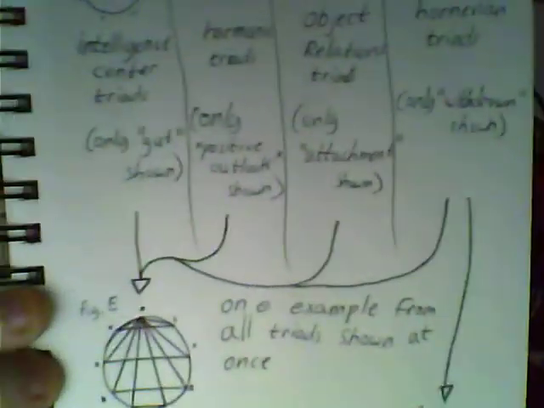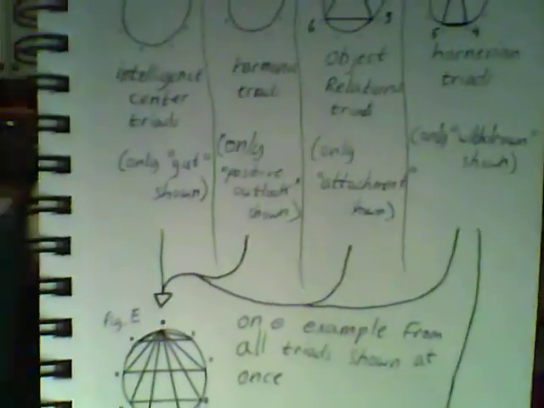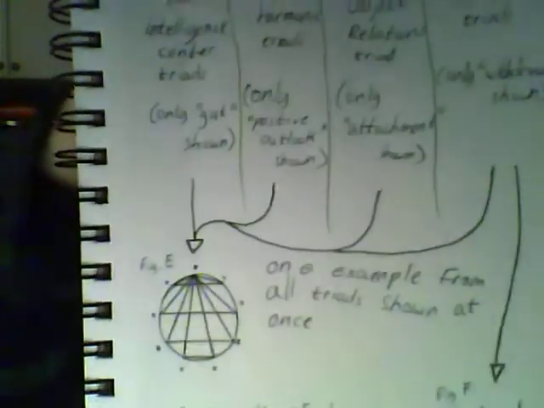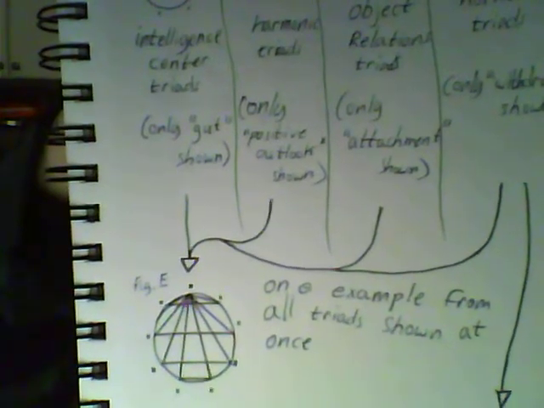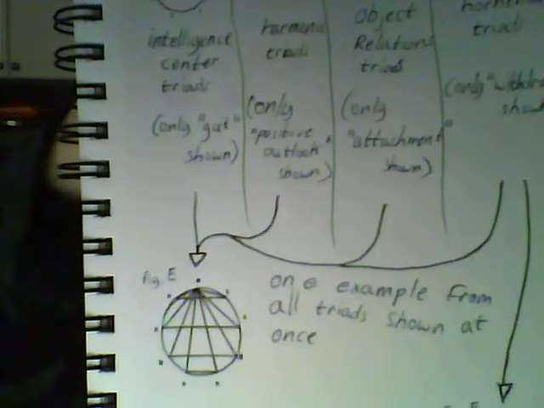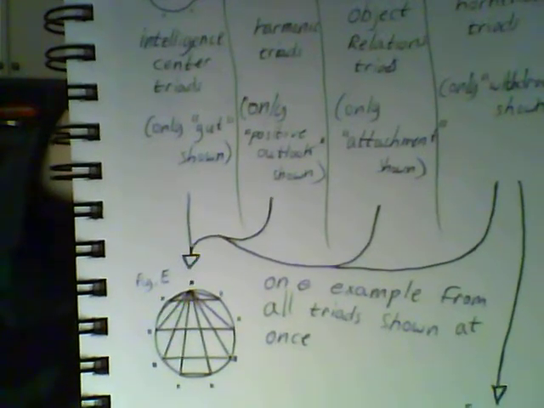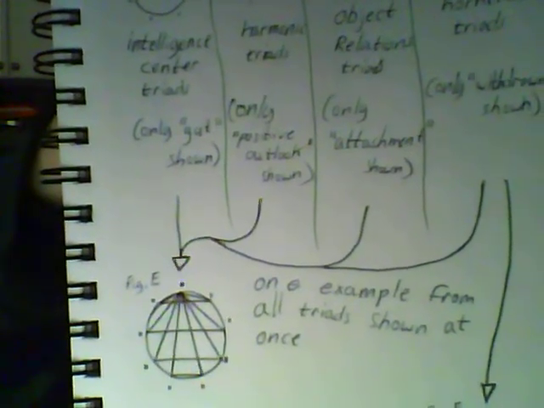And what you'll see when you overlay them all is shown in figure E here. One example from all triads shown at once, the examples I gave above. You'll see they all overlap at 9, and that'll be important in a minute.